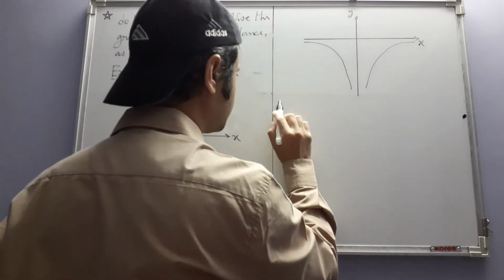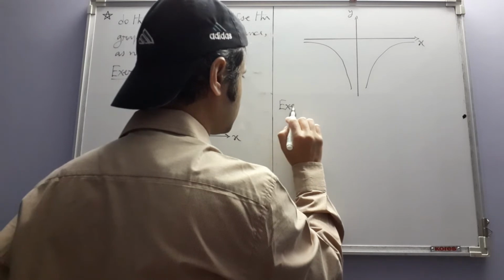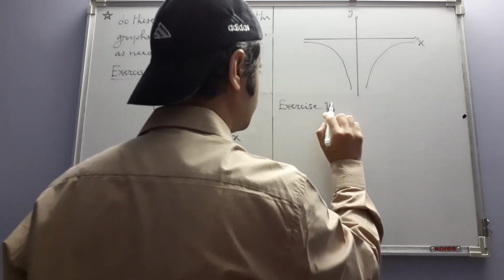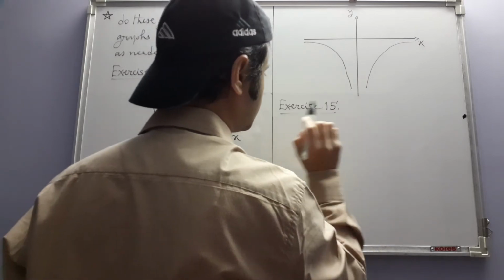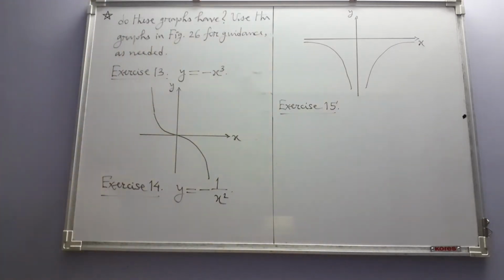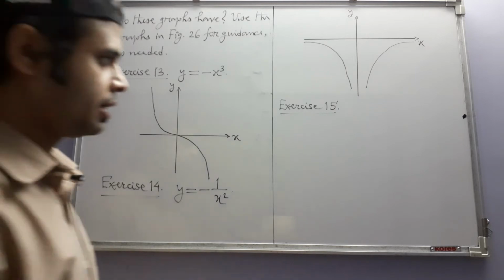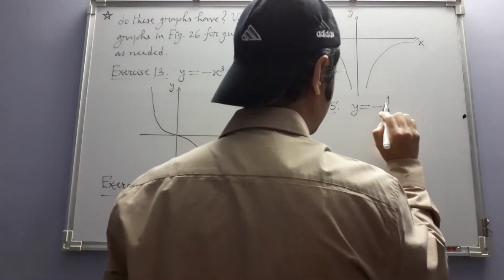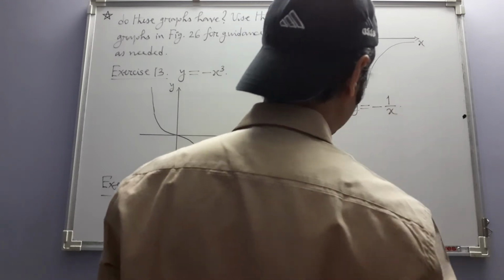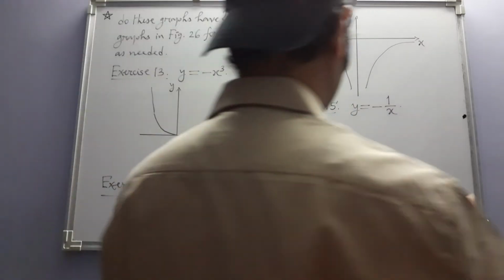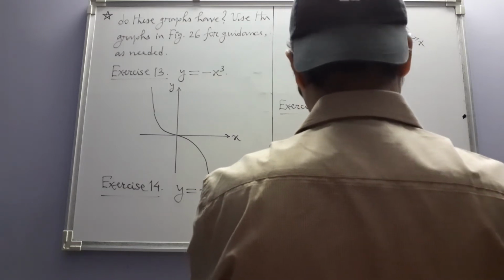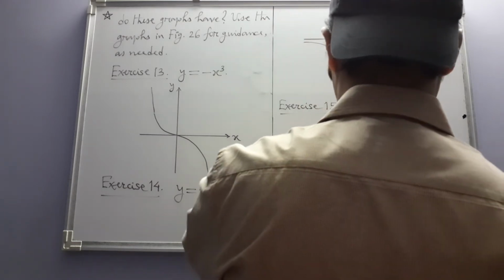Then exercise 15. 15 is y equal to minus 1 over x. Here also x equal to 0 is not a point in the domain of the function.